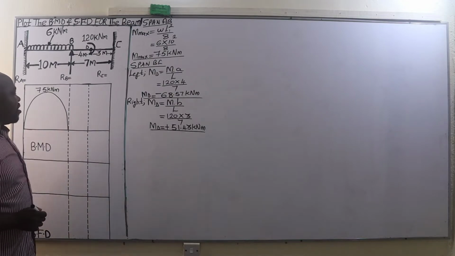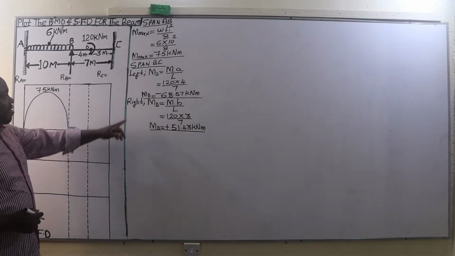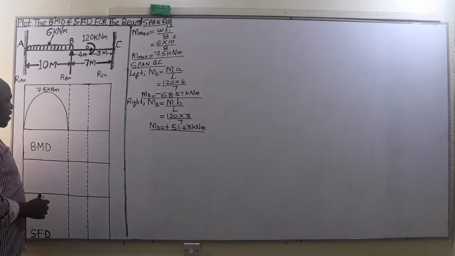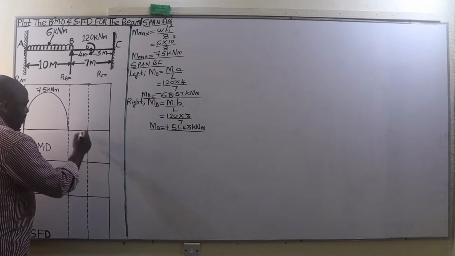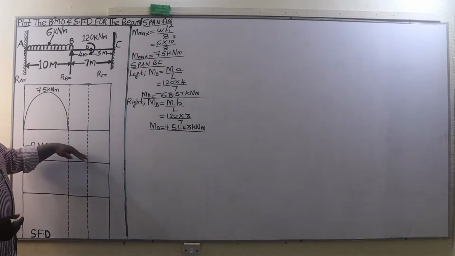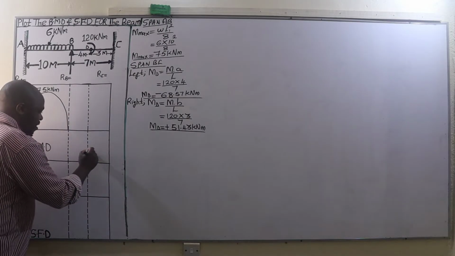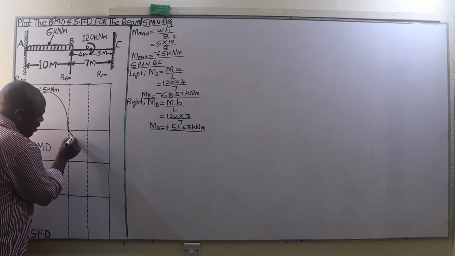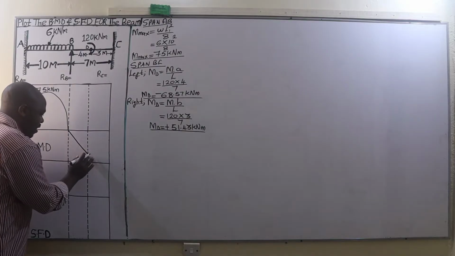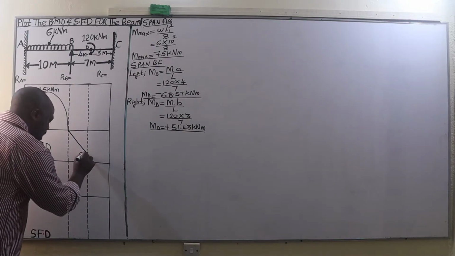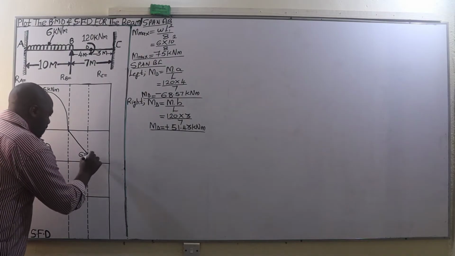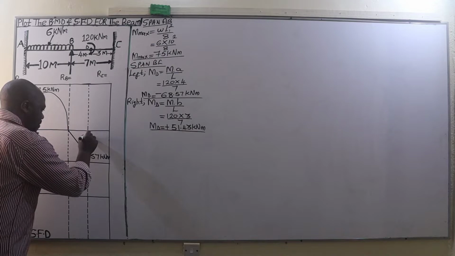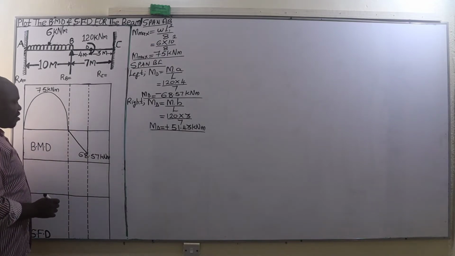On the span BC, on the left hand side of the point D, we have negative 68.57, which will be plotted below this horizontal line, and let's approximate our 68 to be at that point. So the bending moment at D is 68.57 kilonewton meter. Then we join it to the horizontal line.